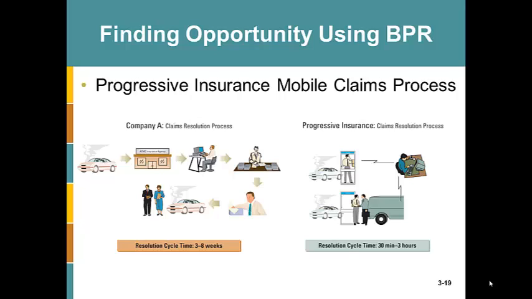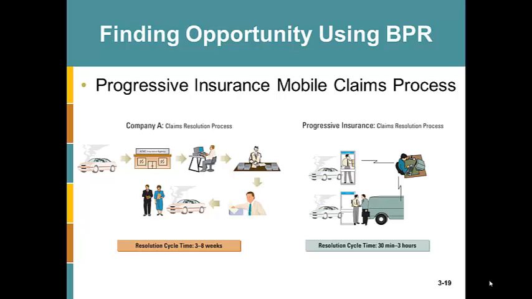Now, Progressive Insurance has tried to do this disruptive business process reengineering with their claims process. So if you're in a car accident, oftentimes what would normally happen in a traditional setting is that you would have to contact your insurance agent. The agent would take that information and would transfer that information to the insurance company itself.